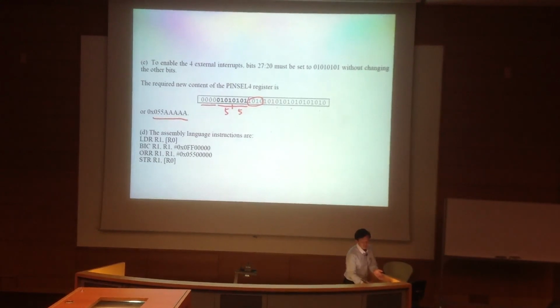Okay. Then, if you were to write assembly language instruction, you assume that this address is actually already in R0. Load it first into R1, so the original pattern goes into R1. You bit clear those 8 bits by specifying this hexadecimal pattern.